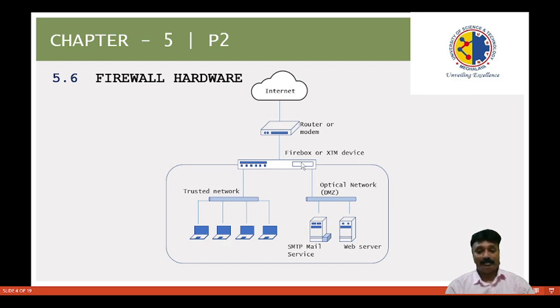So the firebox plays its role. First, it will monitor the incoming traffic information. And secondly, it will filter the unwanted traffic, and it allows the trusted authenticated information to this network.